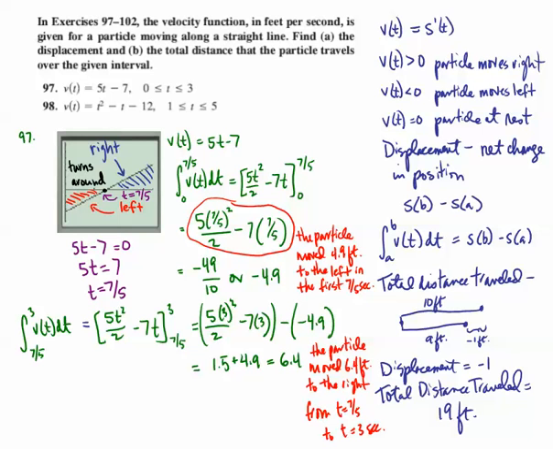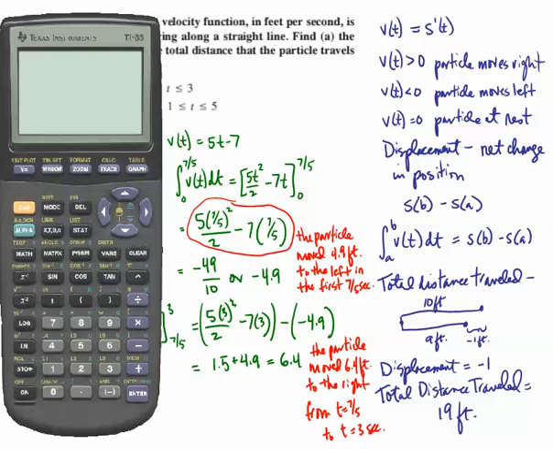Alright, now again we can confirm this using the calculator, so let's bring that in. And I'm going to clear draw, second program, option 1, clear draw, and this time I'm going to find the integral from 7/5 to 3, and you should see that it's 6.4.